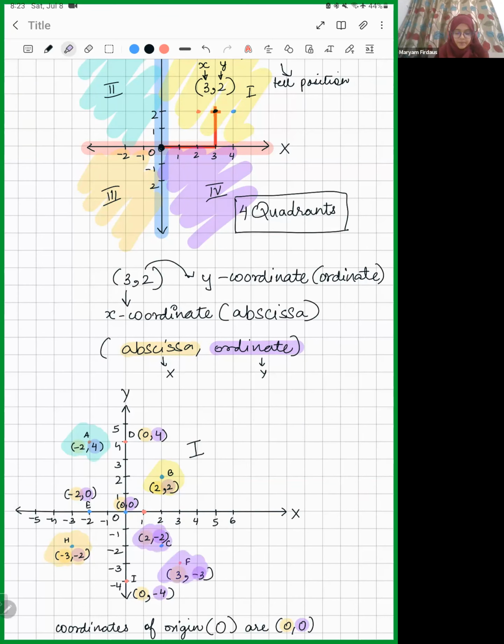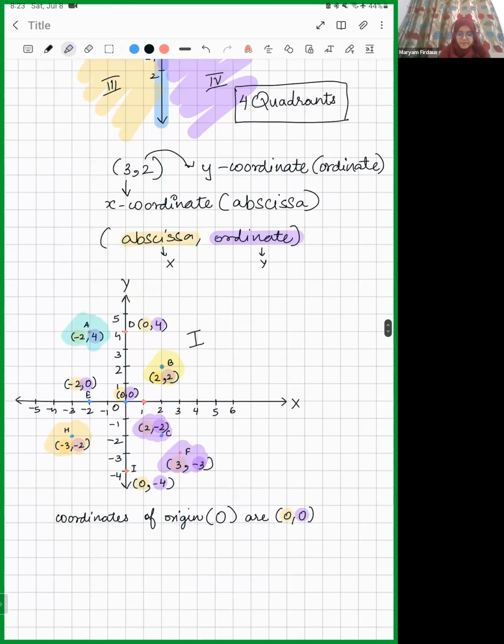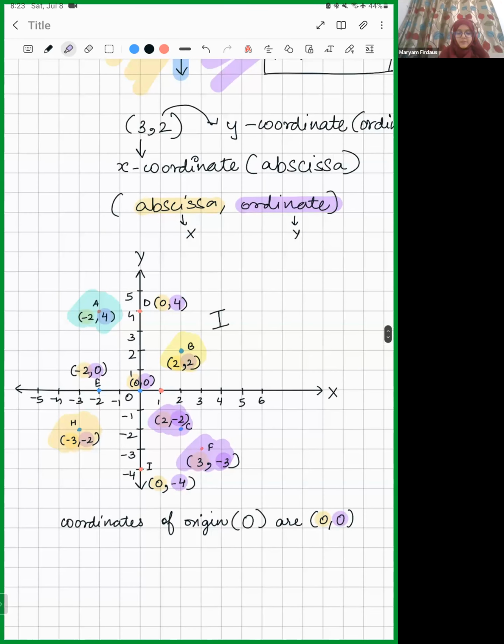Now, if you notice one thing, Zen, just look at these 5 points.